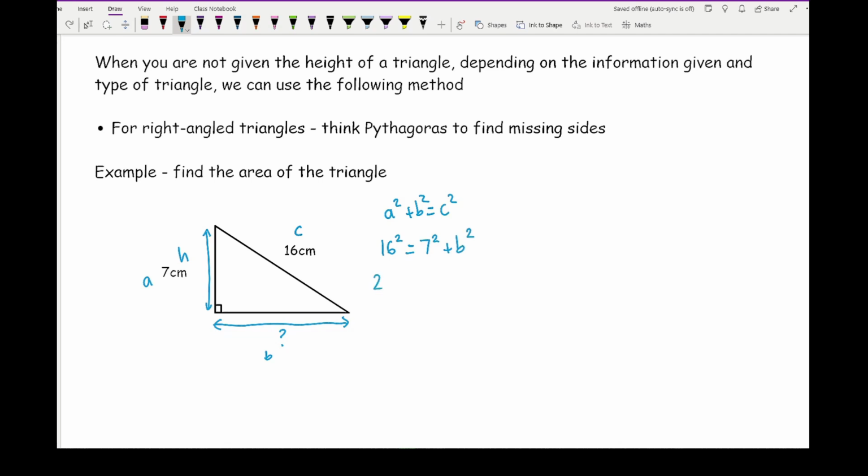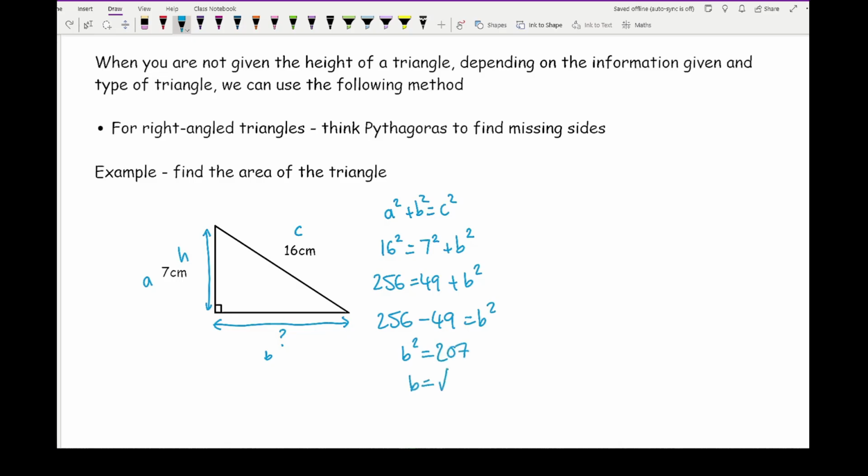Then if I work this out, I get 256 equals 49 plus b squared. Then 256 minus 49 equals b squared, type that into my calculator, in which I get a b squared value of 207. So b squared equals 207.